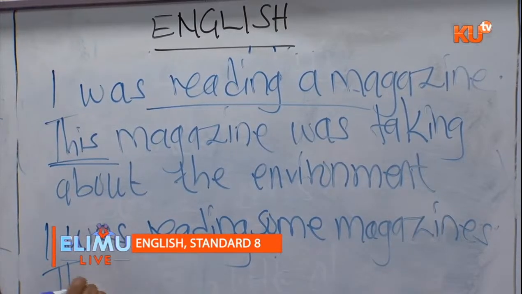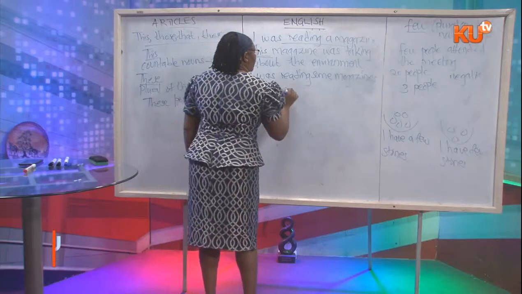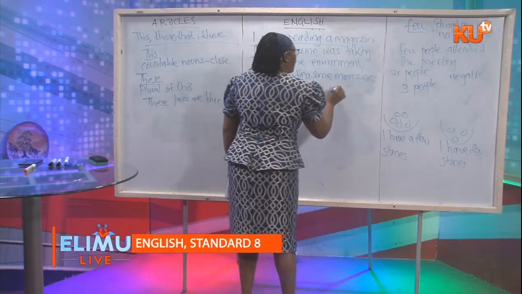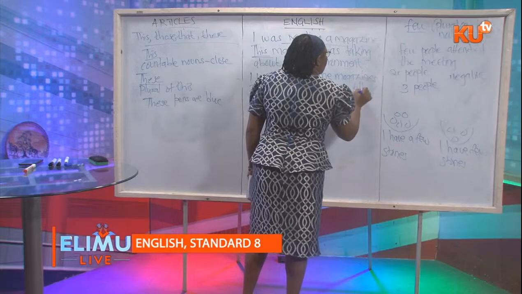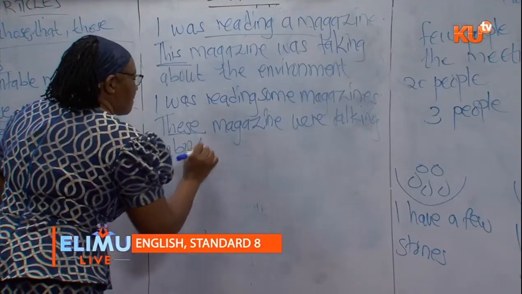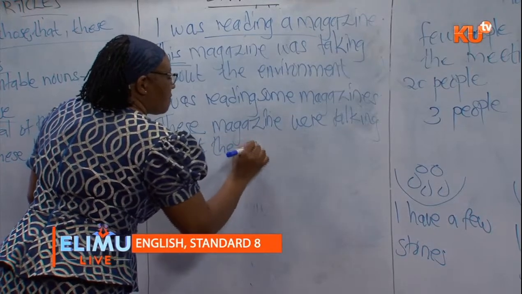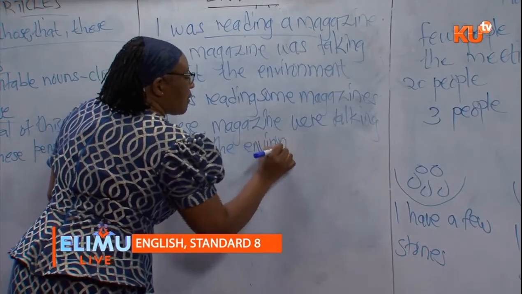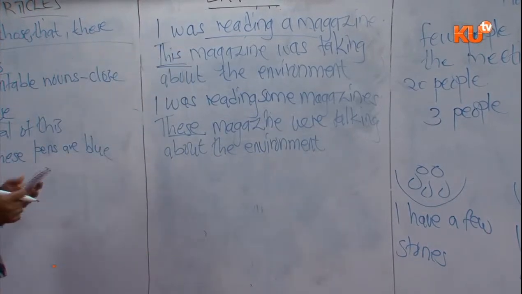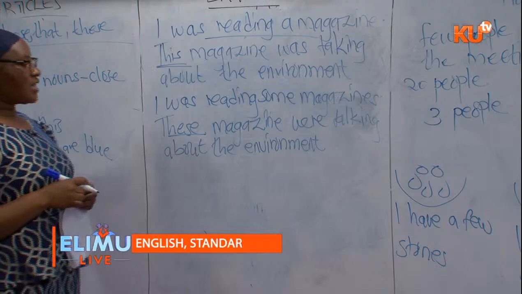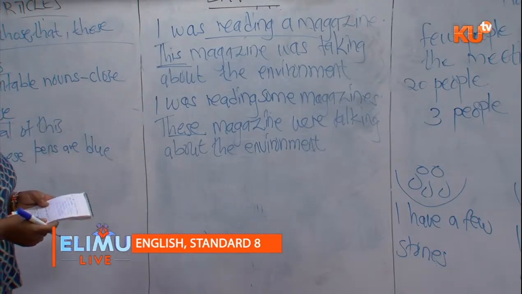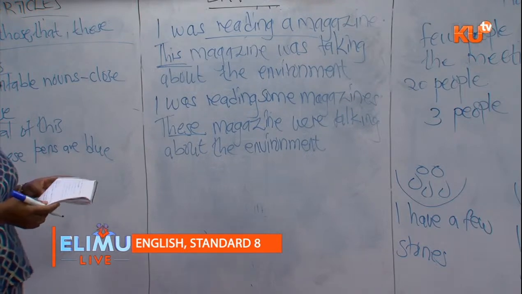These magazines were talking about the environment. So we have the word this and we have the word these. The word these is the plural of the word this, and that is how they are used in sentences.